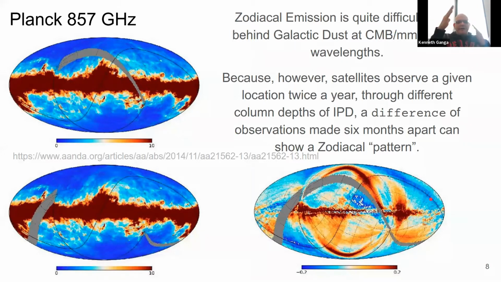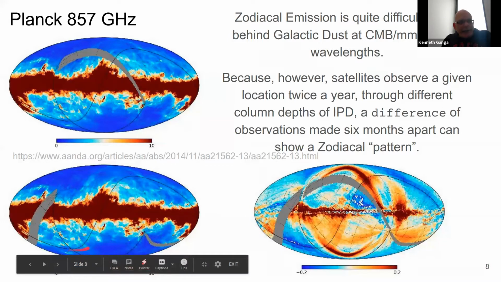That's actually the difference Zodi signal because of the way we observe things. It's variable in each of these two surveys. So in this survey, it's a little brighter in this region than this survey here, and that's why we get the blue. But here, it's a little brighter than here, and that's why we get this red, etc.